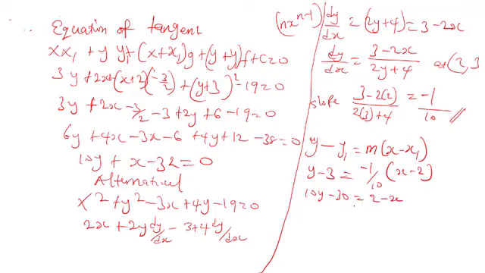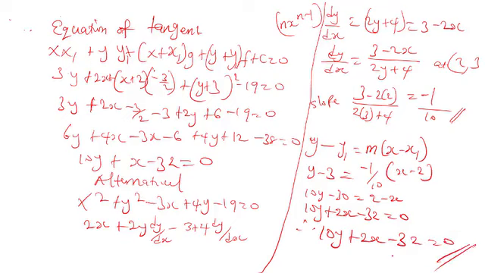By bringing it to the other side, 10y plus x minus 32 equals 0. So the equation we've been looking for is 10y plus x minus 32 equals 0.